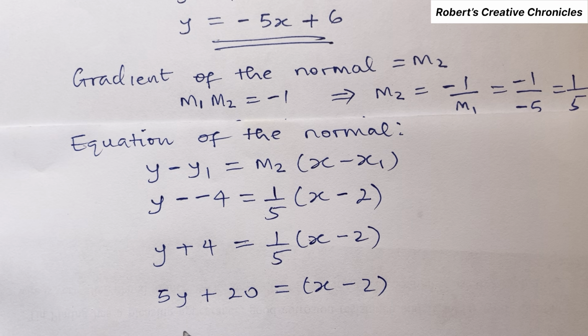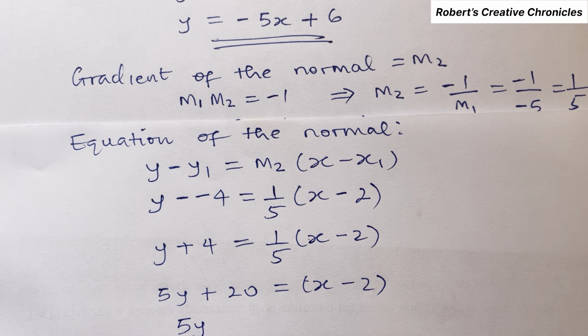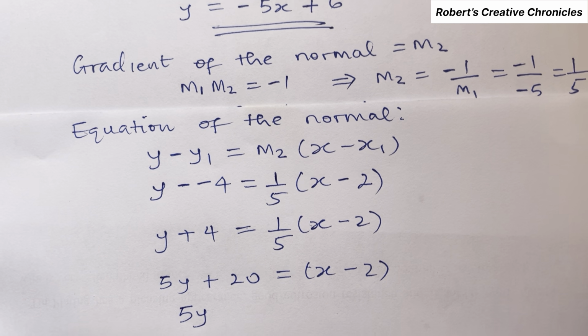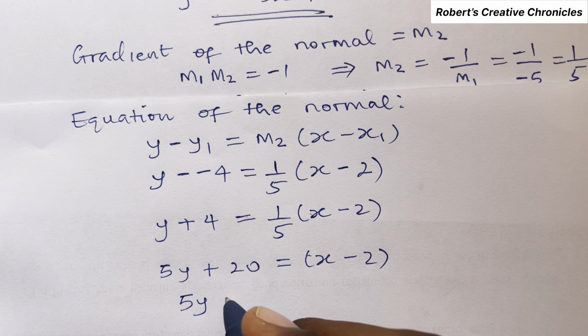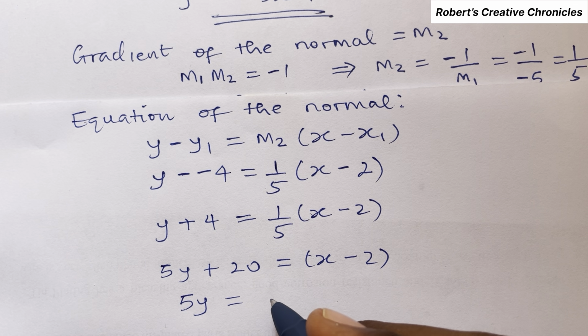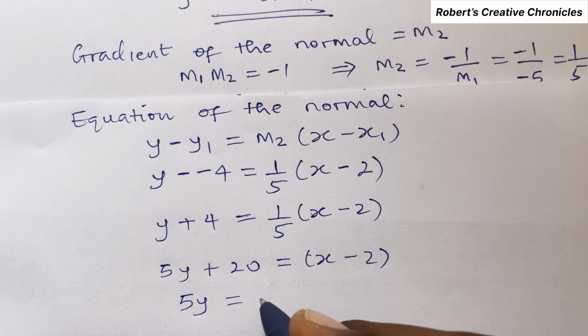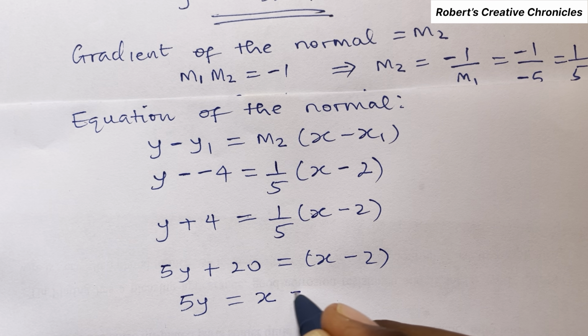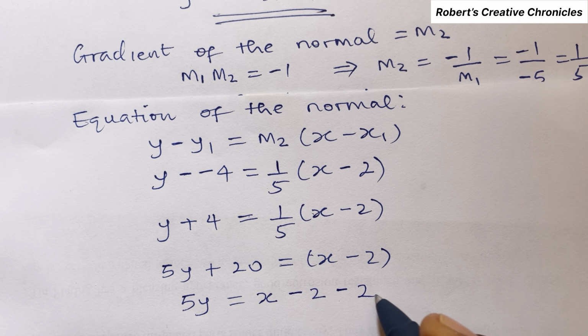So this becomes what? 5y, we can take 20 to this side. So this becomes 5y is equals to x minus 2 minus 20.